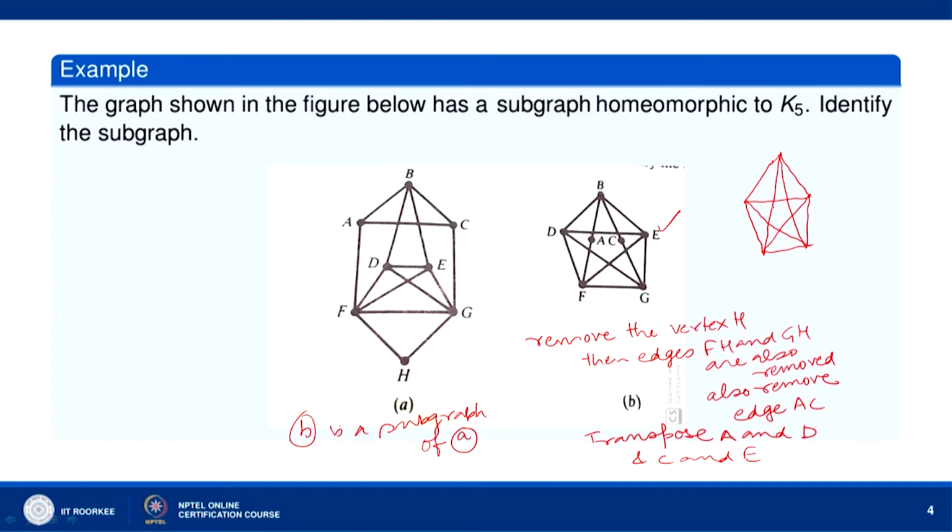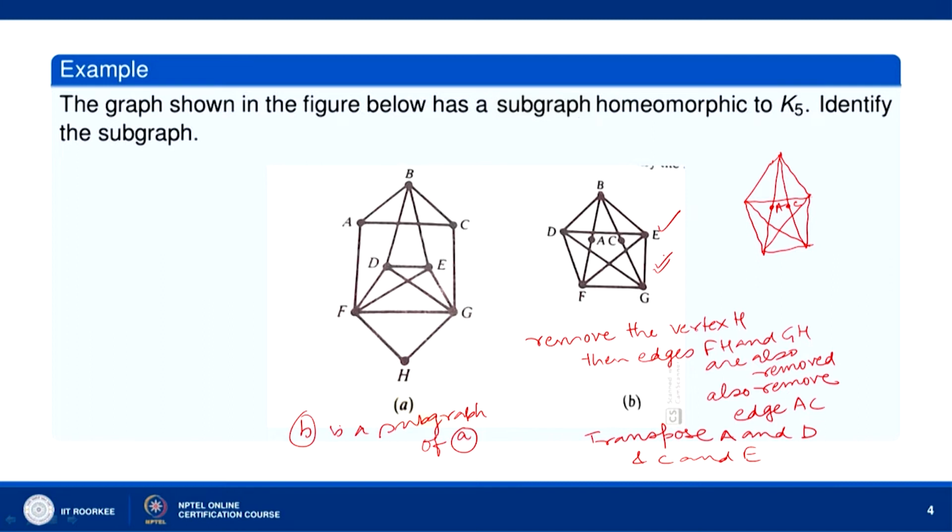So, we are adding two vertices A here and C here. Okay. When we add the vertices A and C on the edges BF and BG, the graph that we get is homomorphic to this graph. So, in K5, we add the vertices A and C to arrive at this graph.